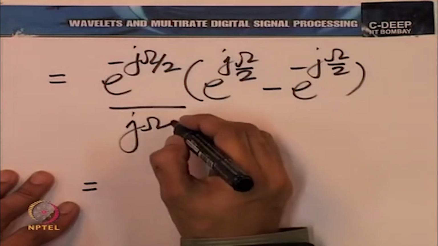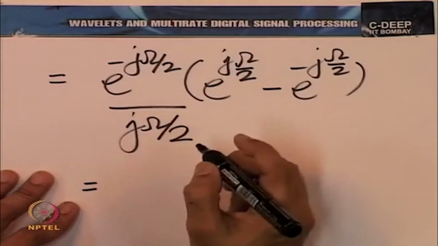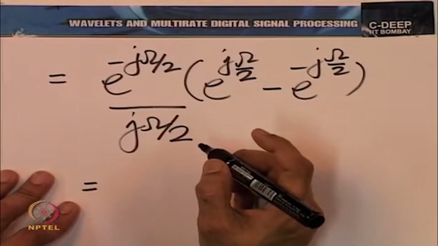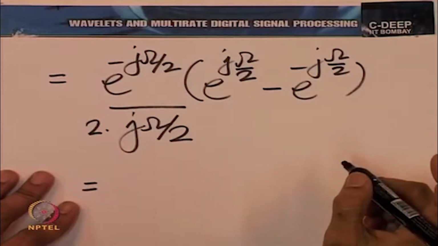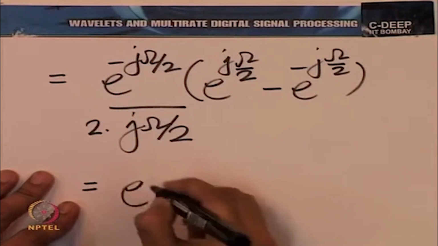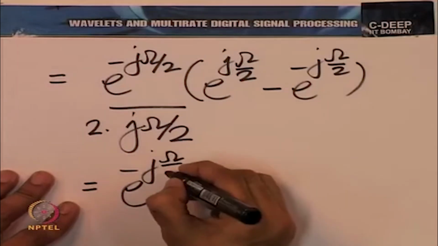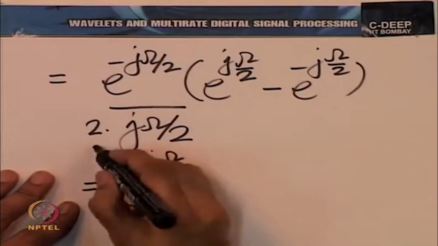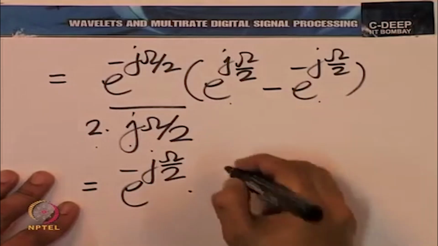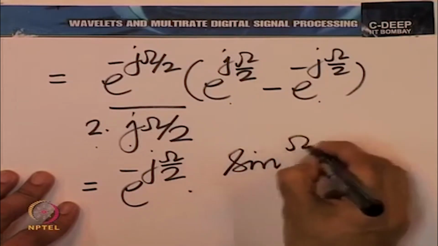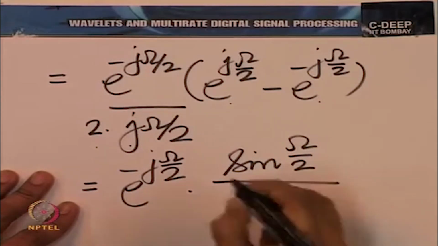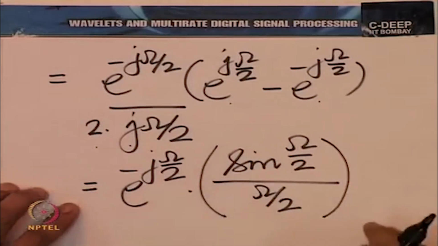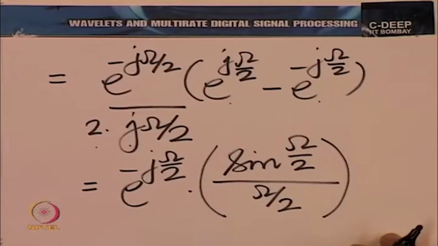In fact, if you wish, we can even make this by j omega, all right, 2, and then this becomes e raised to the power minus j omega by 2. If I take the 2 j and this together, I get sin omega by 2 there and omega by 2 here. So, this is the Fourier transform.